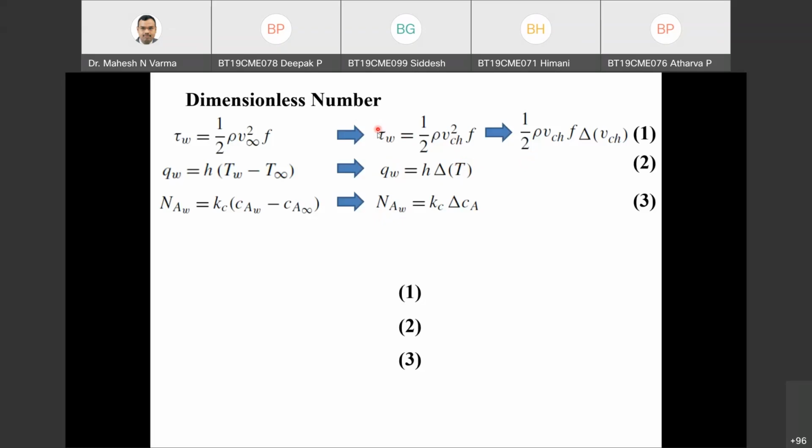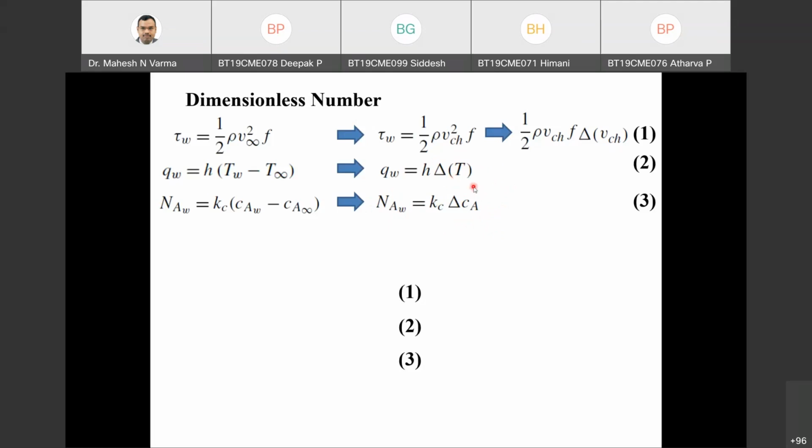Similarly, this is momentum per unit time per unit area, and this driving force is in velocity. So here you can see this is the flux of quantity, and the driving force is a difference of quantity per unit volume. Similarly, I can rearrange here also.